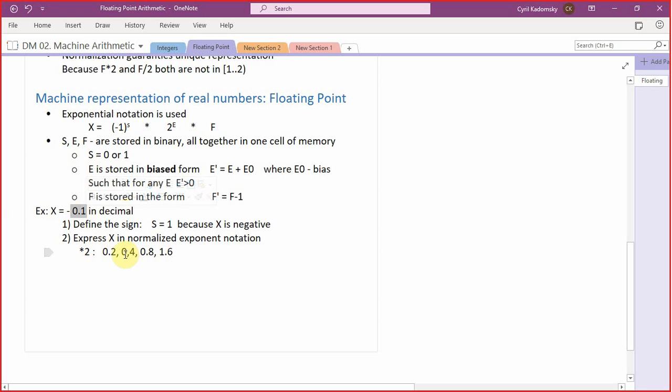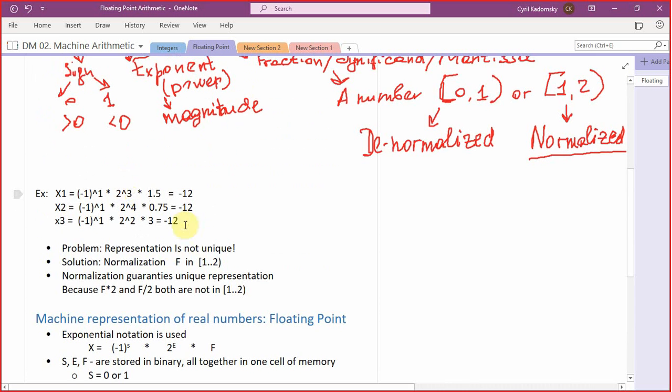That is, we started from this number and just multiplied by 2. We find out which exponent we should take so that the fraction will be as desired, in the range between 1 and 2. Among all possible representations, we found the one that has the fraction between 1 and 2.